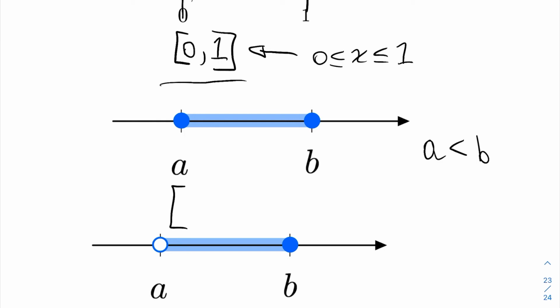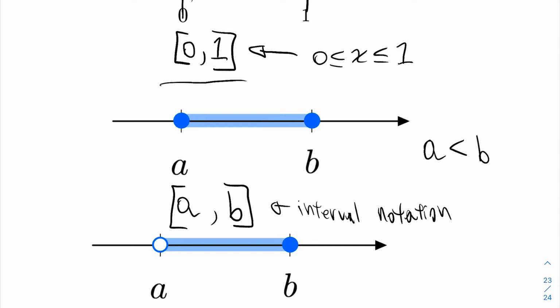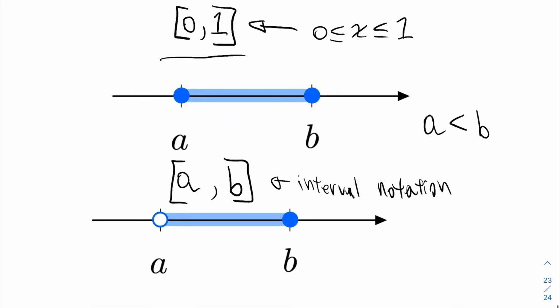So A is included on the interval. And on the other hand, B is also included on the interval. So A and B are both included, so they both get brackets. This interval notation represents every number in between a minimum of A and a maximum of B, including A and B. Now that's a closed interval.